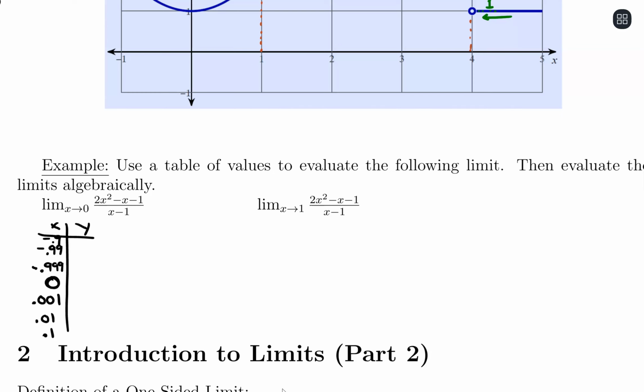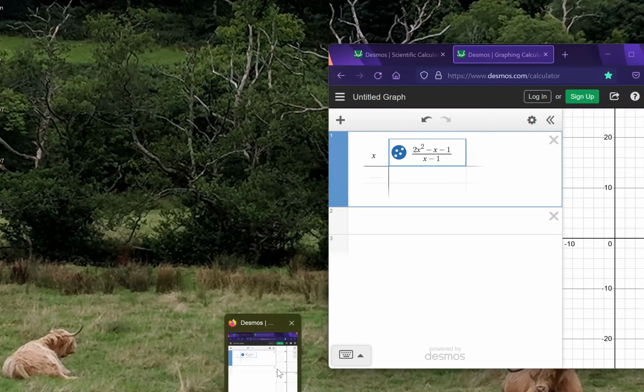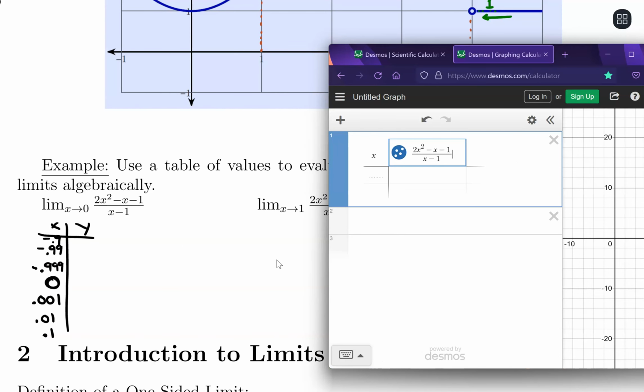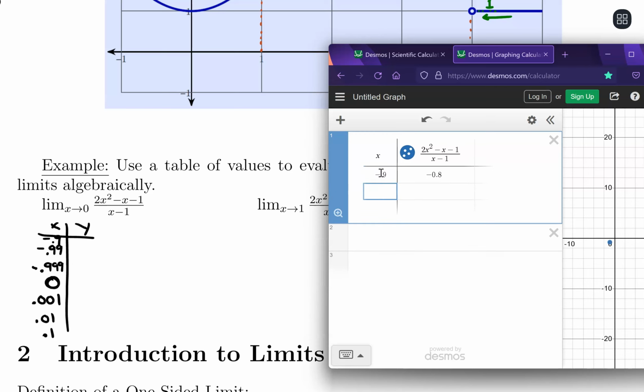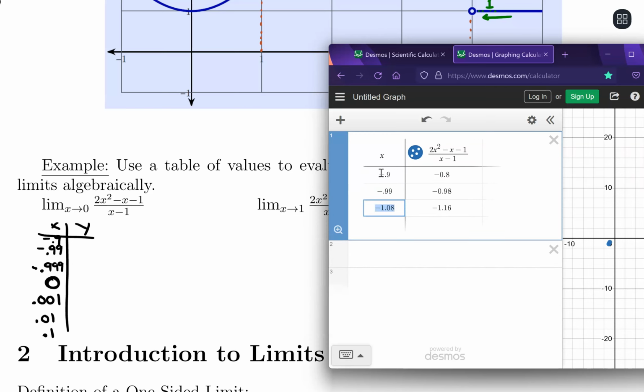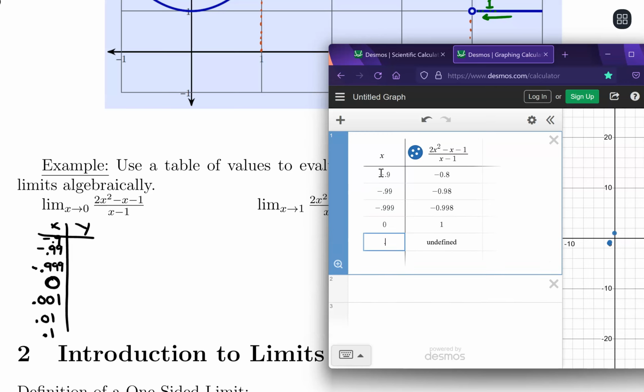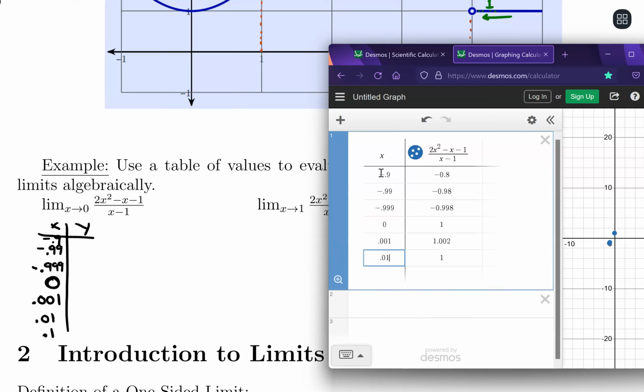So with that, and I'm going to show you there is another way to do this one, but this is just good practice. So I have my x value and y value plugged into the table. So I'm going to go negative 0.9, negative 0.99, negative 0.999, 0, 0.001, 0.01, 0.1.